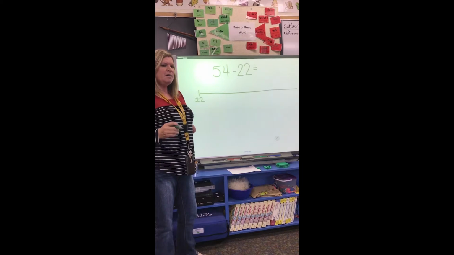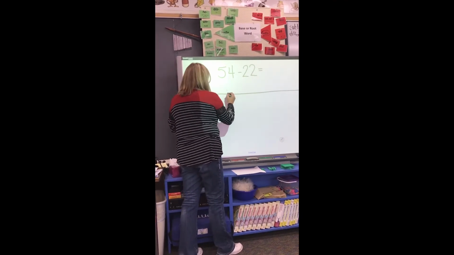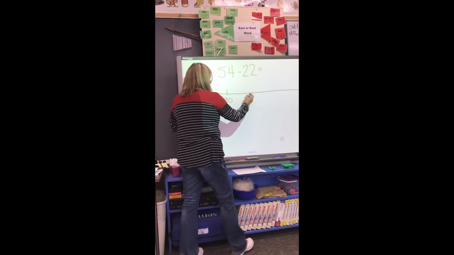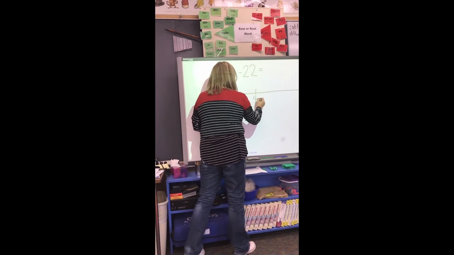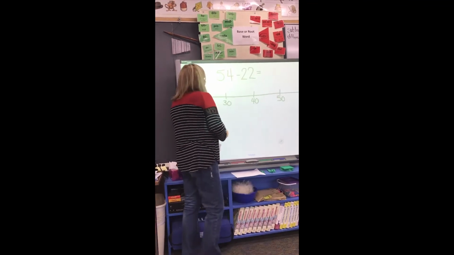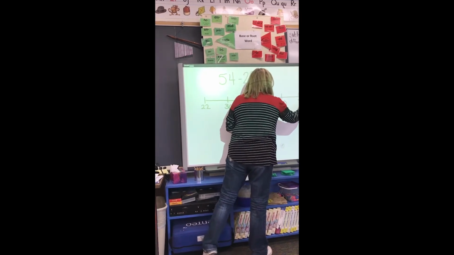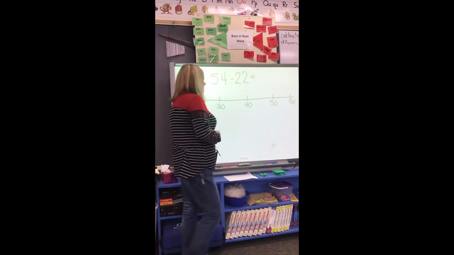Benchmark numbers are numbers that are multiples of 10. So after 22 would be 30, then I would have 40, and then I would have 50. Now I need to only go to 54, so I'll put 54 right there.